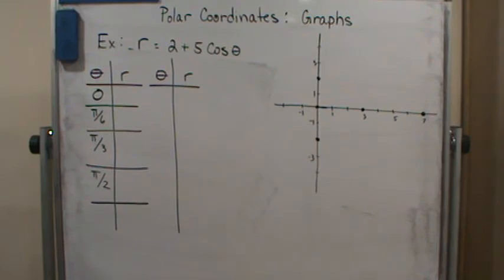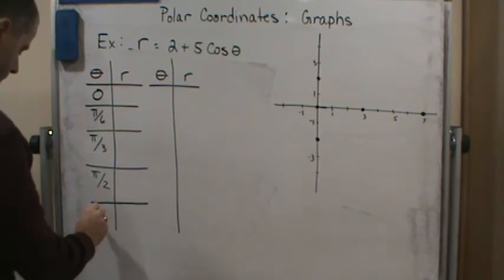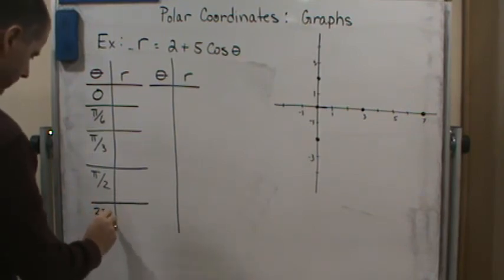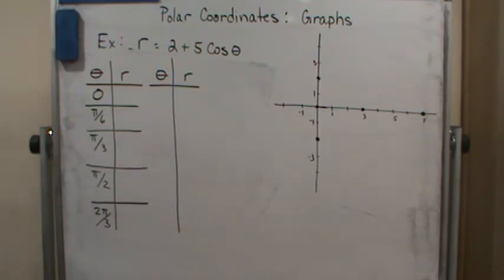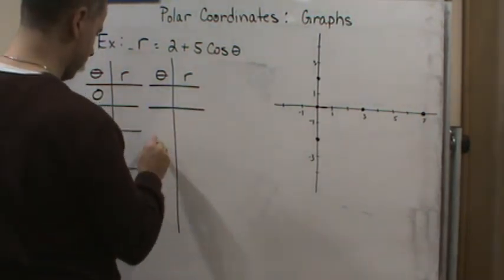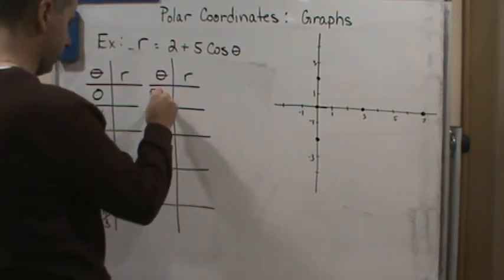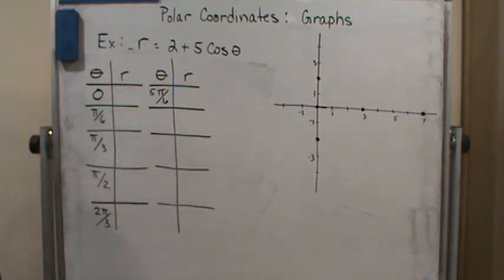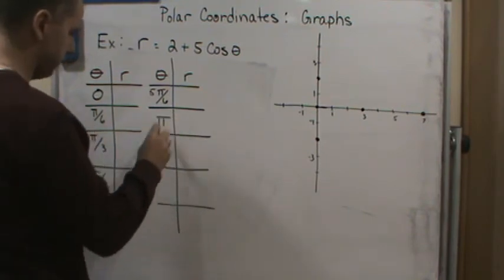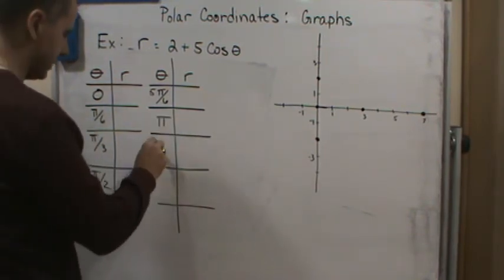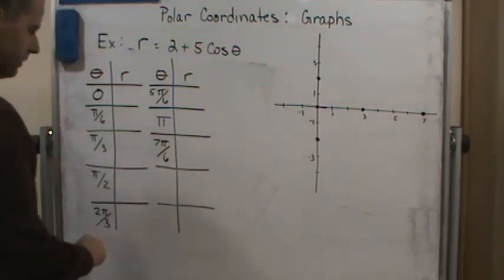And then we have 2 pi over 3, right? So we got 3 pi over 6, 4 pi over 6, yep. And then we got 5 pi over 6, and then we got pi. And then we got 7 pi over 6.